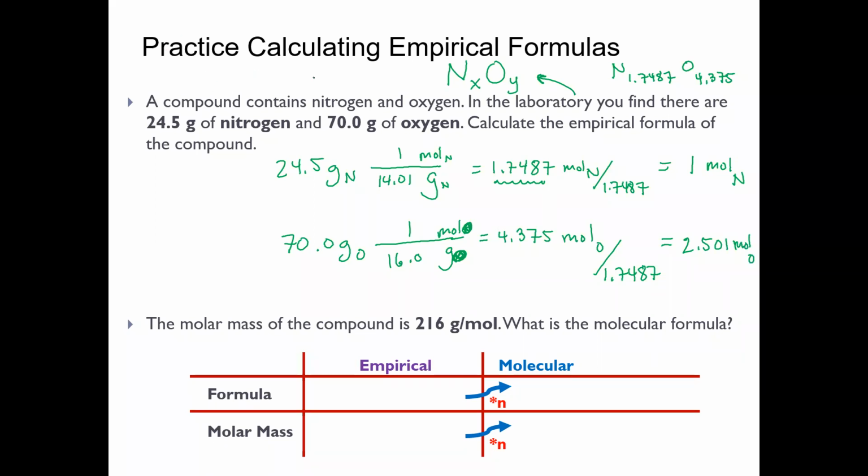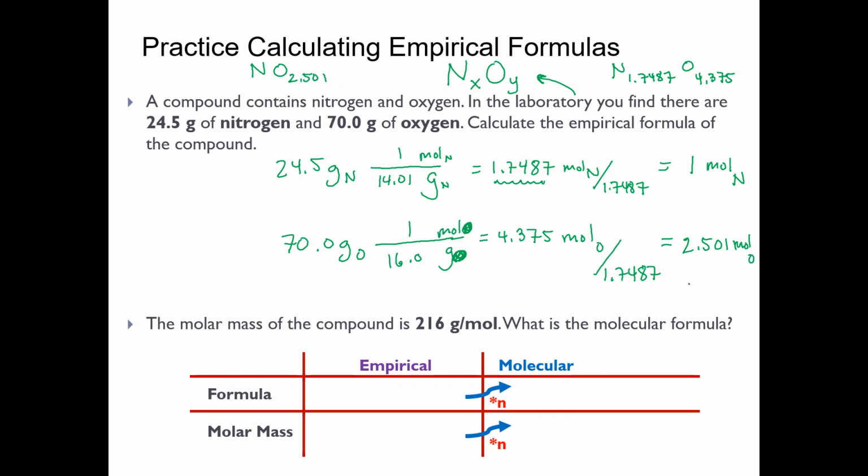So now we're getting closer. Now we have, okay, 1 nitrogen for every 2.501 oxygen. One of our subscripts is a whole number. We need to do one extra step to get both of them to be whole numbers.